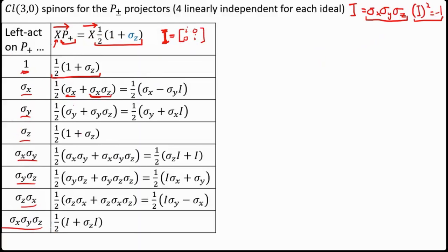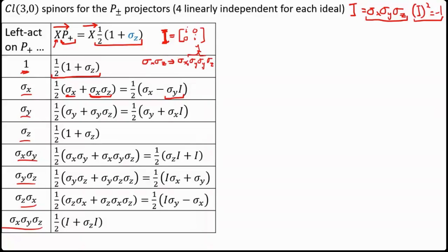So here I'm showing that xz is -y times the trivector. The reason is if we take xz, we can put yy in the middle, because yy is just 1, since y squares to 1.